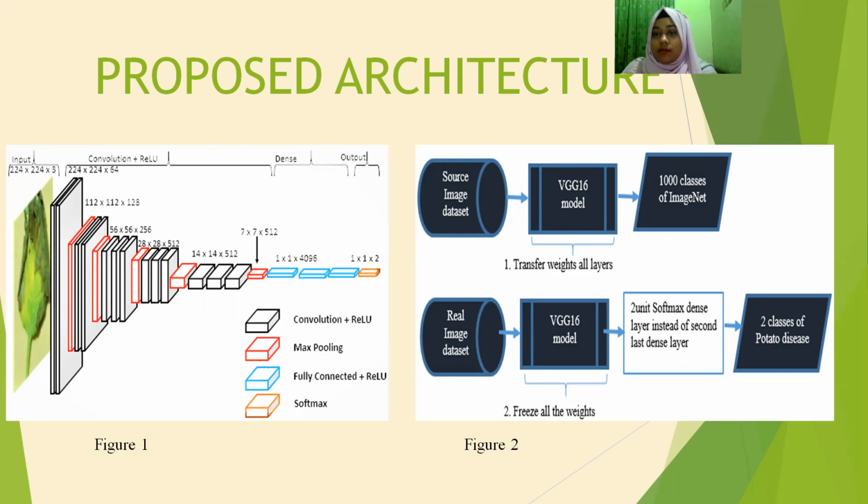So instead of the 1000-class ImageNet layer, two units of a softmax dense layer are used in place of the second last dense layer, and that outputs two classes of potato disease, either early blight or late blight.